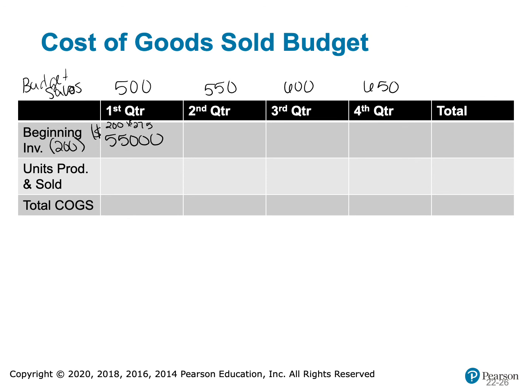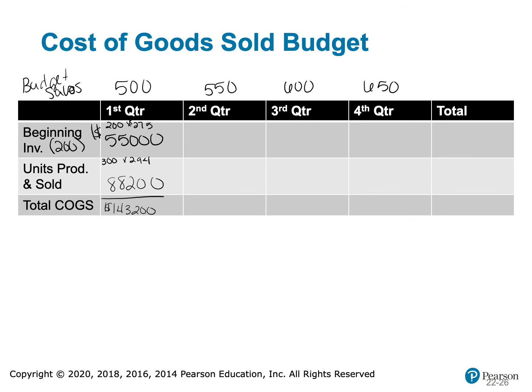Now, the next 300 units that I sell are all going to have a cost of $294. So 300 units at $294 gives me $88,200 for total cost of goods sold of $143,200. Now, after this first quarter, I've sold all of the old units that were cheaper.